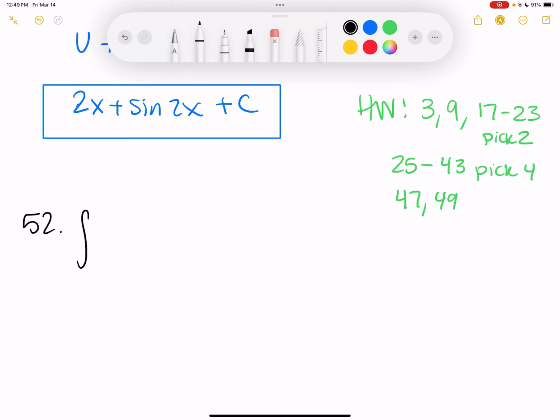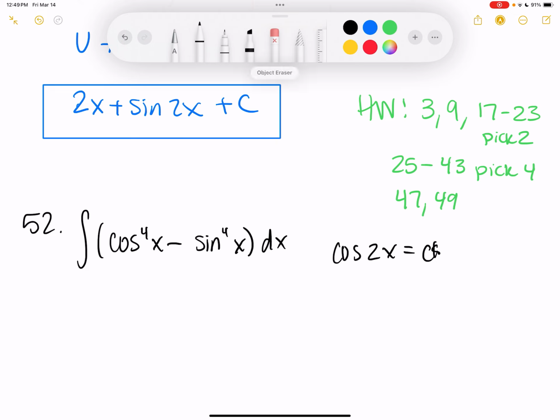The integral of cosine to the fourth of x minus sine to the fourth of x dx. Cosine of 2x equals cosine squared of x minus sine squared of x. So I say we factor a squared out of the things.